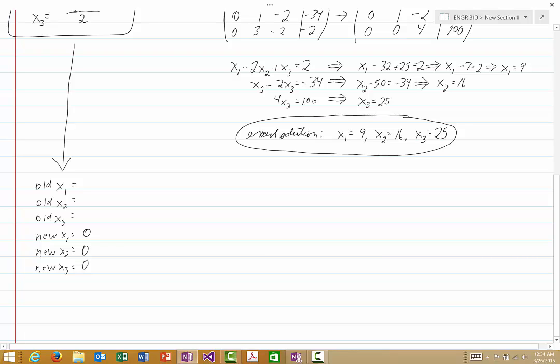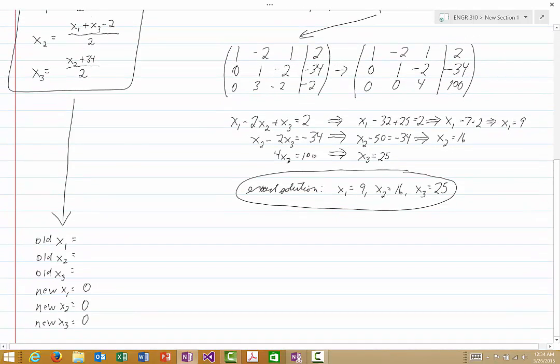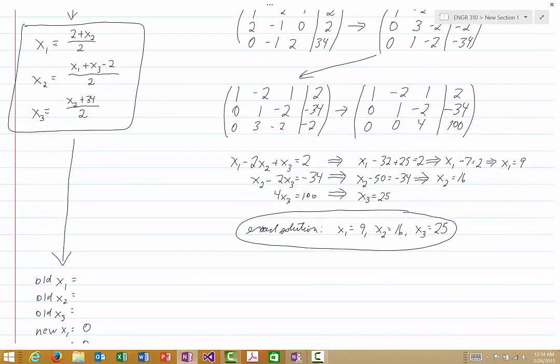Now for old x1, old x2, and old x3, what we have there is our initial guess for the solution to this system of equations. Frequently you don't really have any idea at all what x1, x2, and x3 might be. In that case, the usual thing to do is just to guess 0.